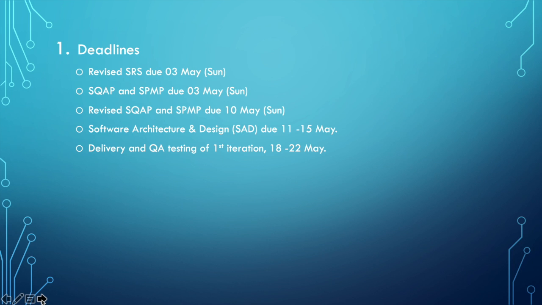We need a design to determine all the modules that are needed to be developed and then put together with other modules to form the complete system of your software project.